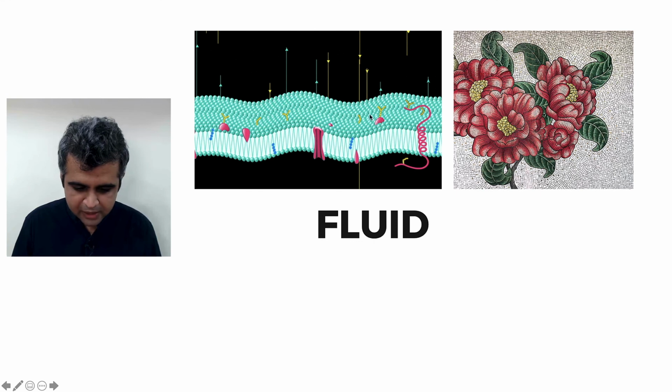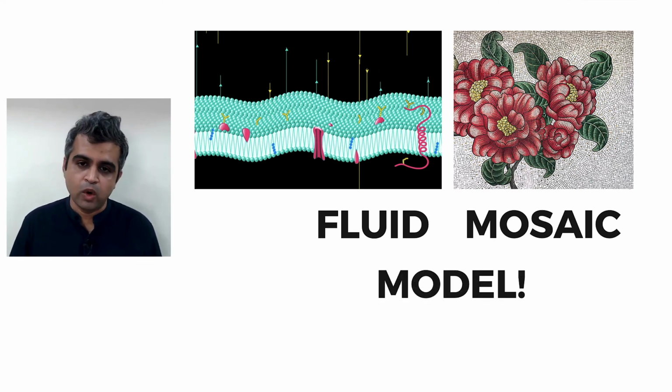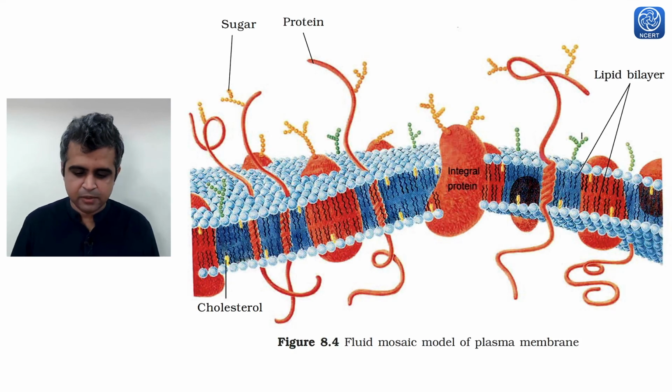You can see pink, green, yellow, pink, blue. You can see it like a design. And this design is called mosaic. And that is why this model of the plasma membrane, dear students, is called the fluid mosaic model. 1972, Singer and Nicholson. And this is given as this diagram in the NCERT.